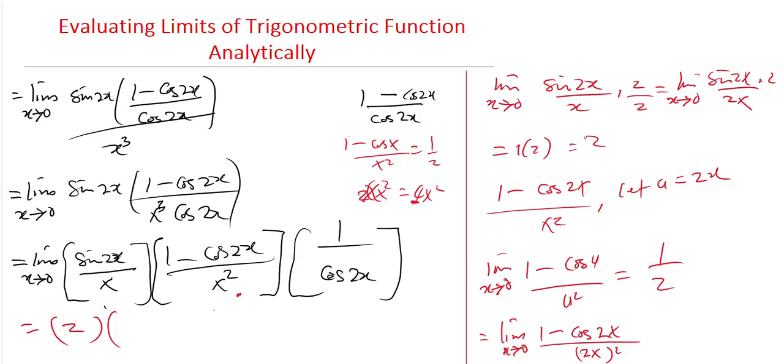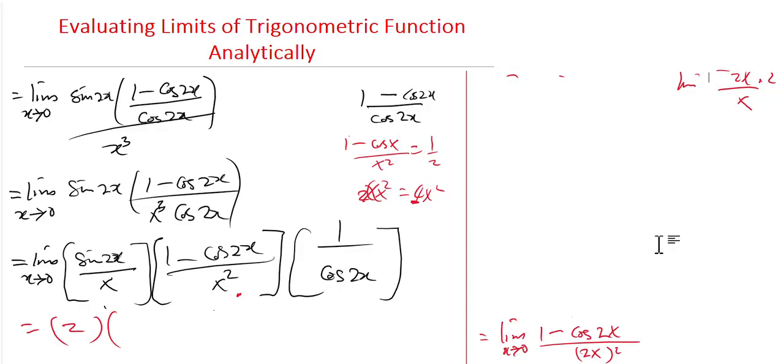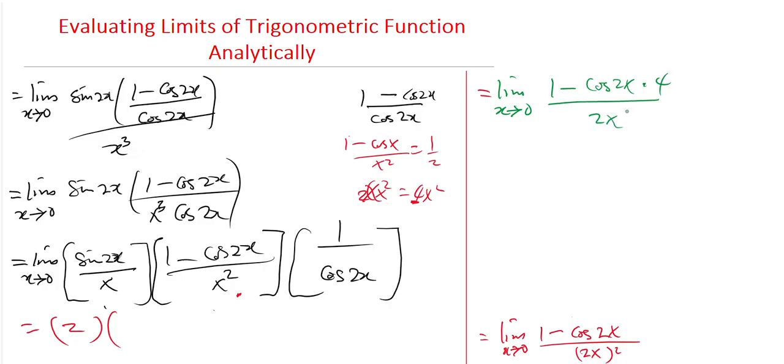So 4 is the coefficient. So what we are going to do, let's multiply both sides. No, only the top with 4. So if we multiply only the top with 4, we are going to have the limit as x approaches 0 of 1 minus cos 2x multiply 4 all over 2x squared, right? All over 2x squared.